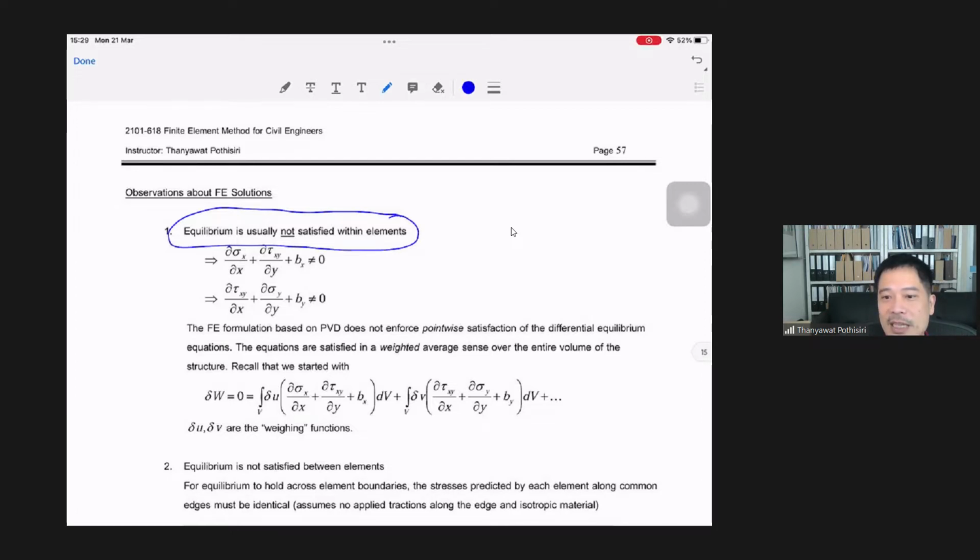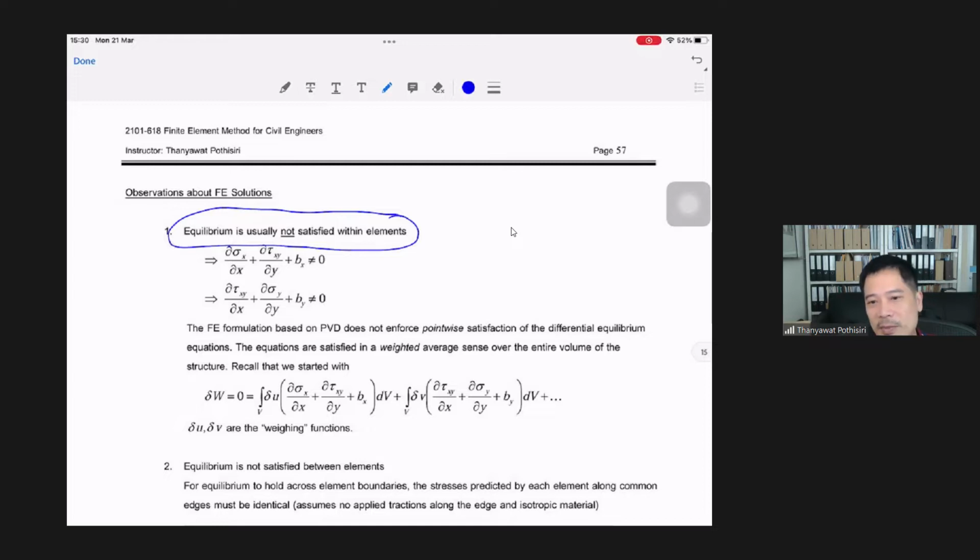This comes directly from the weak form of the equilibrium equation that we use, right? In the weak form, you are basically using what we call the weighted average of the work product and making that equal to zero. So in that process, you cannot guarantee that the equilibrium equation is satisfied at every point within your body.